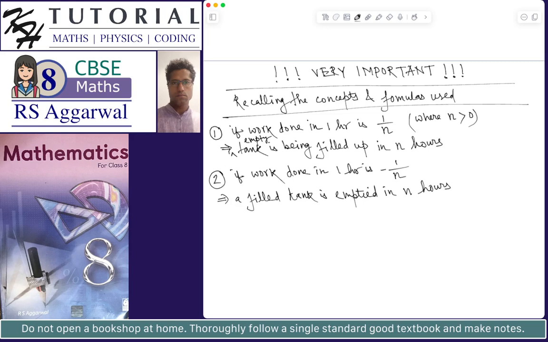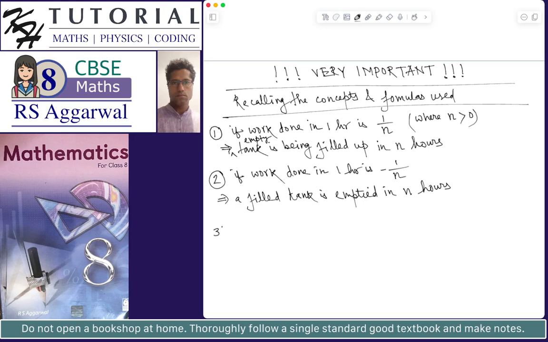The meaning of this is that the work done in 1 hour is minus 1 by n, meaning 1 by nth part of the tank is being emptied in 1 hour, and so this also means that the whole tank will be emptied in n hours.